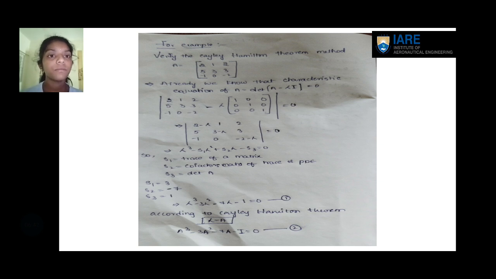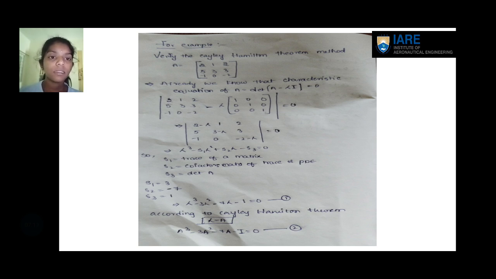Here, for example, A equals [2, 1, 2; 5, 3, 3; minus 1, 0, minus 2]. The characteristic equation is the determinant of A minus lambda I equals 0. Here the characteristic equation we get is this matrix [2 minus lambda, 1, 2; 5, 3 minus lambda, 3; minus 1, 0, minus 2 minus lambda] equals 0.